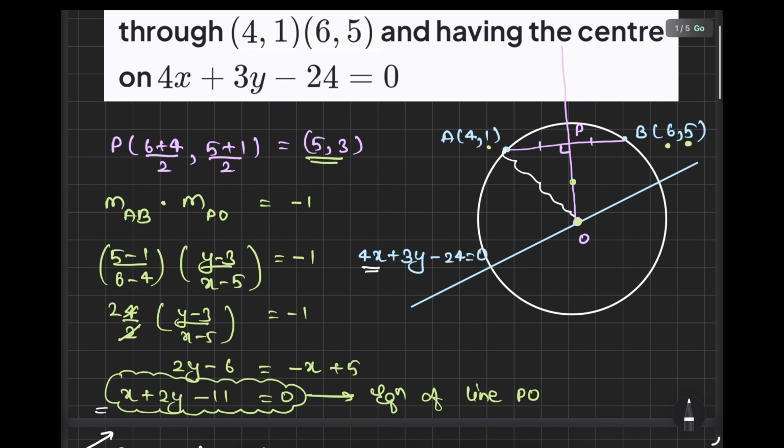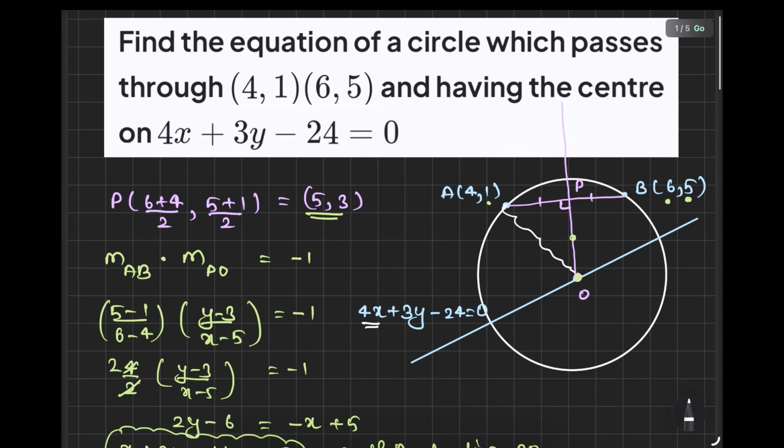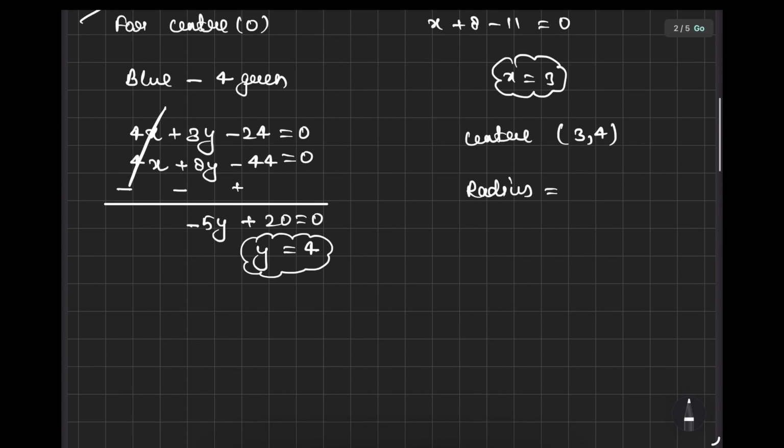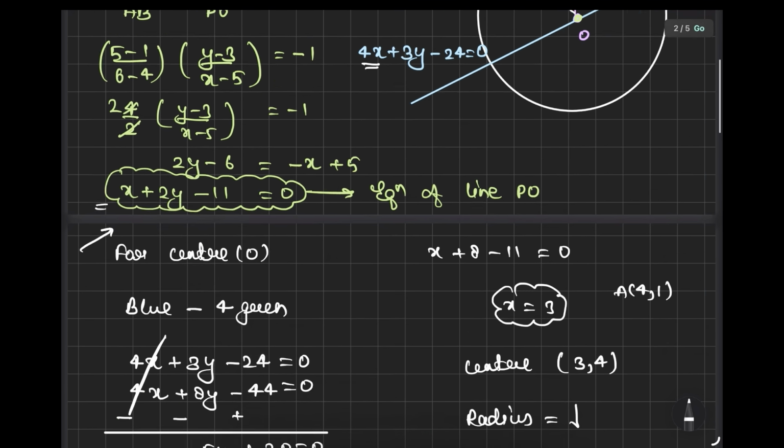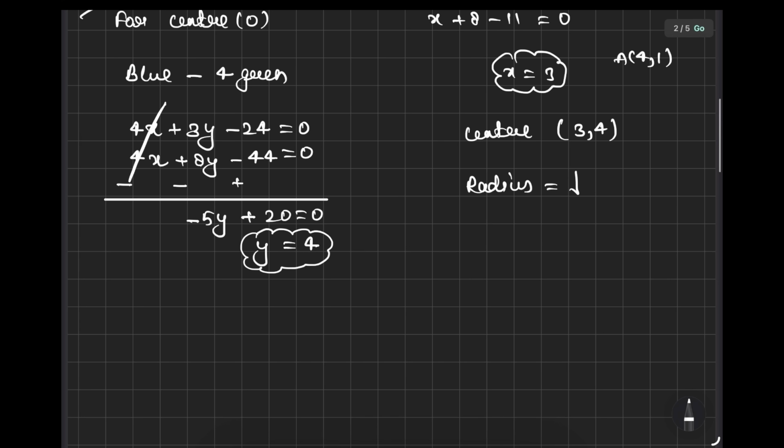You can go with AO, BO, anything. I'll go with AO. A is 4, 1, and now we find the distance between A and O. This is O: 4 minus 3 is 1, and 1 squared is 1. 1 minus 4 is minus 3, and minus 3 squared is 9. So the radius is root 10.